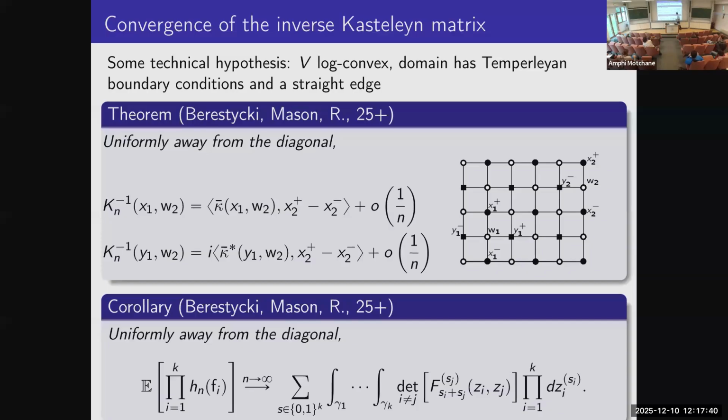These things are signs, and we have integrals of some determinants of functions, which I will define on the next slide. But the important thing here is the structure. So you have some integral of some determinant of something.